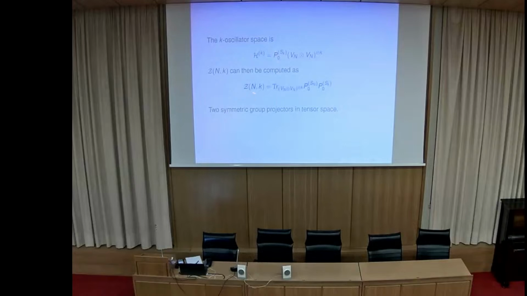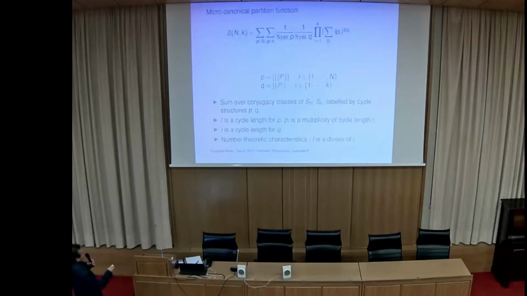So at the end of the day, you can write this partition function at fixed energy in terms of something very simple: tracing over the ordinary tensor product space with a projector for symmetric S_k and a projector for S_N. The first is for the bosonic symmetry, and the second is for the gauge symmetry you're introducing. That can be calculated as summations over partitions of N for the gauge symmetry and partitions of K for the bosonic nature, with symmetry factors associated with the partitions, and there's a nice coupling between the two partitions.